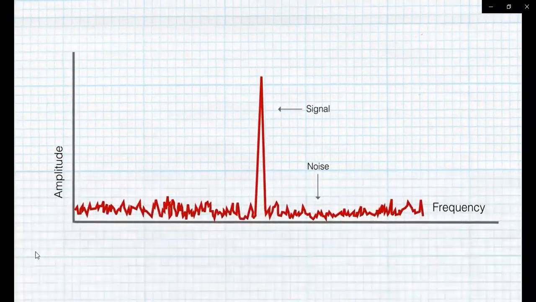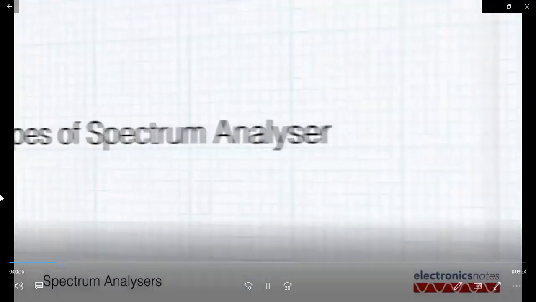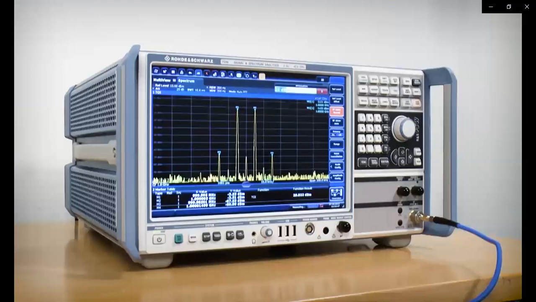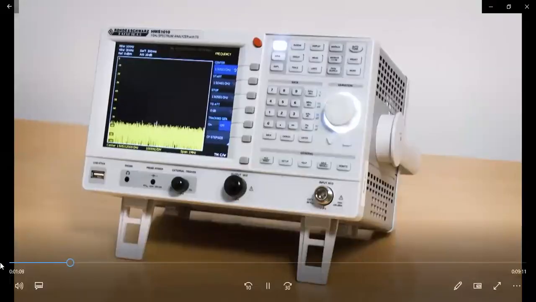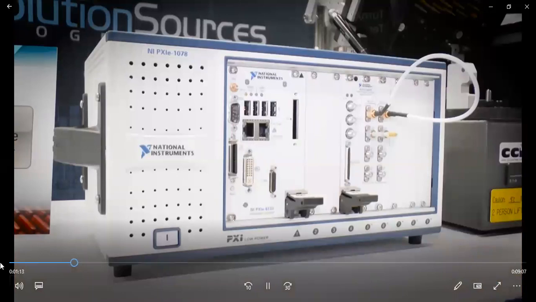Except that the spectrum analyzer indicates the amplitude of all the signals with a high degree of accuracy. Spectrum analyzers are manufactured by a number of companies and they come in a variety of formats. Some are contained in traditional cases which can be mounted in 19-inch racks, whilst others are more suitable for portable operation. Some may be incorporated into systems like PXI racks.